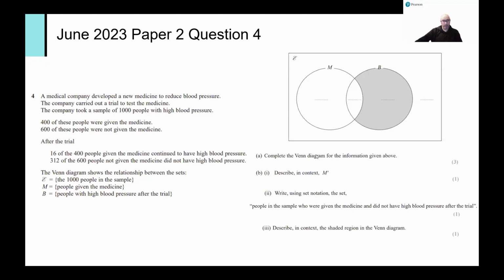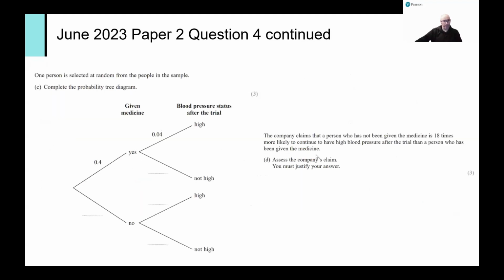And the second part of the question, or part C, I'm afraid, sorry, is a tree diagram. And in part D, they've got to assess the company's claim.